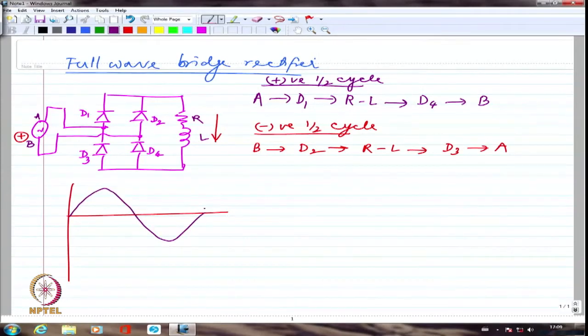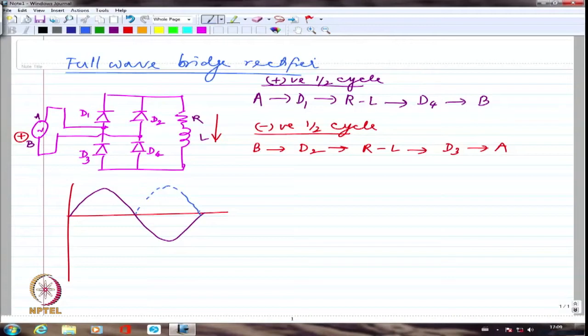So we drew the waveform also, if you may recall, in the last class. So this is going to be the sinusoidal waveform, and I told you that it will start off from zero current and slowly build up. Once it builds up and the minimum values are almost remaining the same, and similarly maximum values are remaining almost the same, we are going to call that as the steady state. So if it is a purely resistive load, I am going to have the rectified waveform somewhat like this.